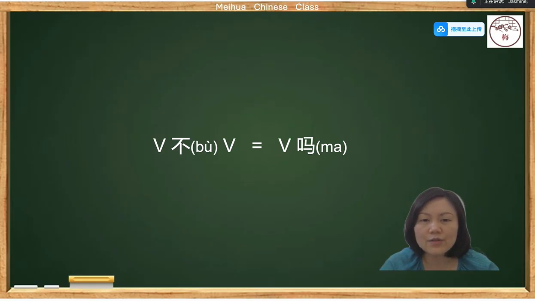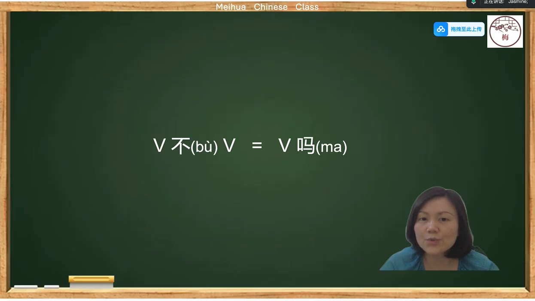Actually, we already learned about some types of interactive sentences in Chinese. The positive and negative question is similar to the yes or no question.